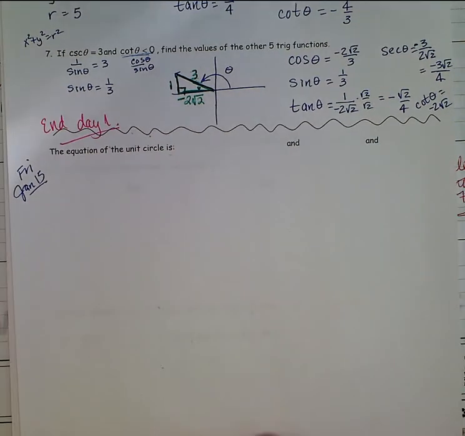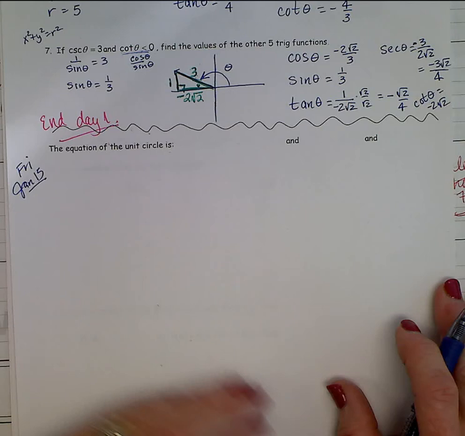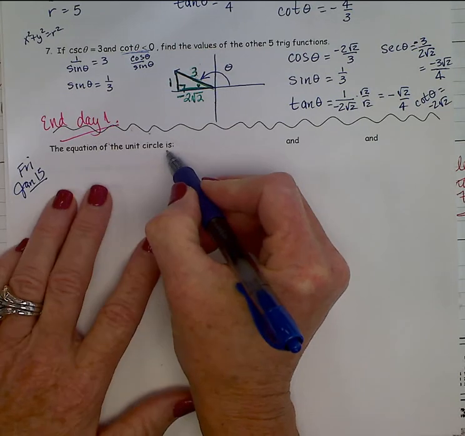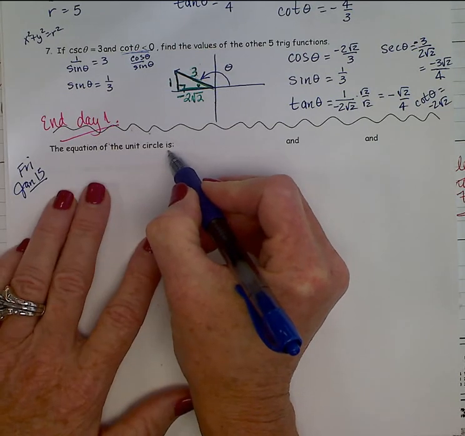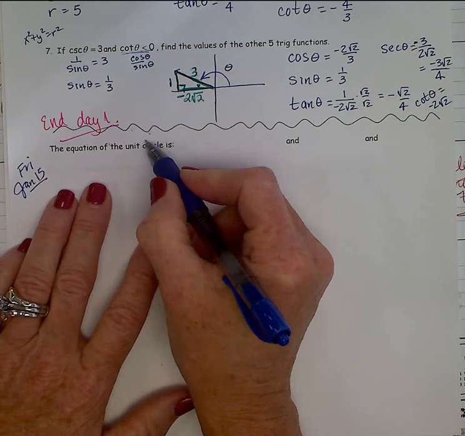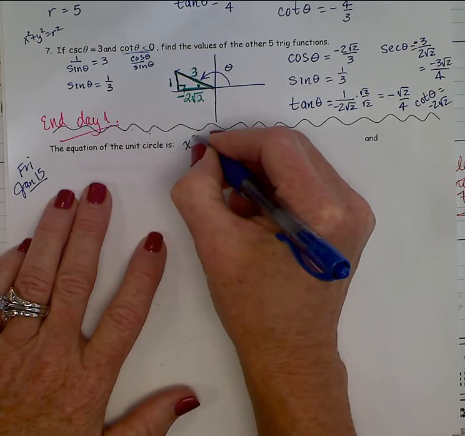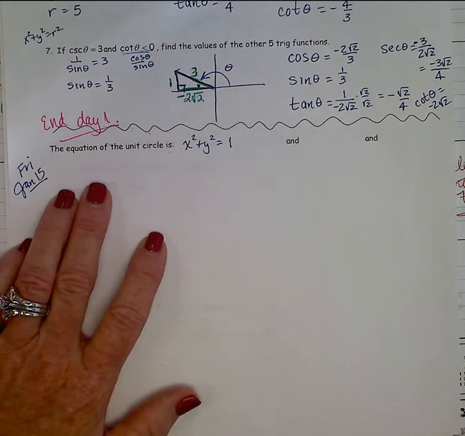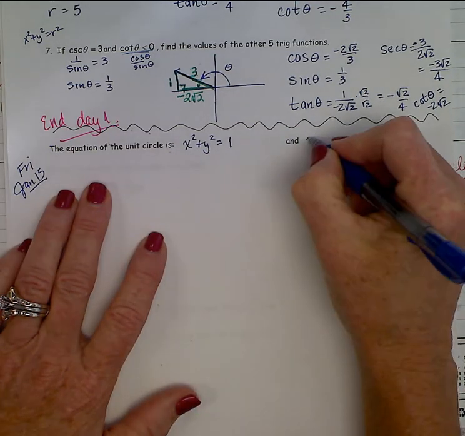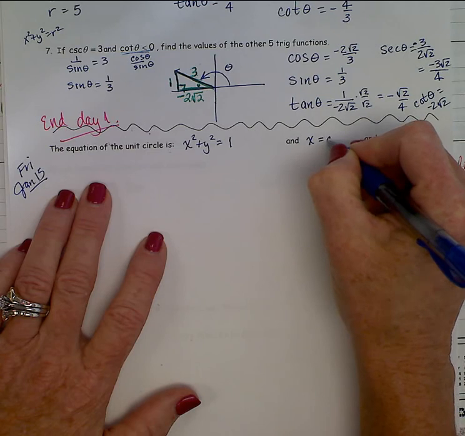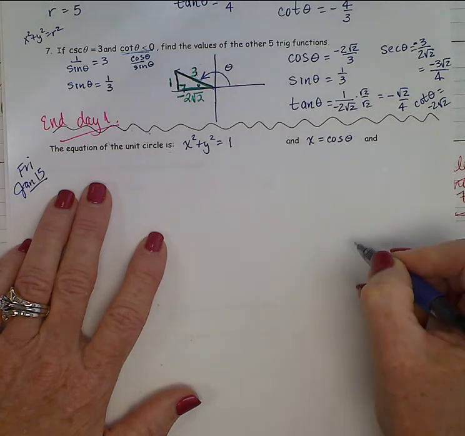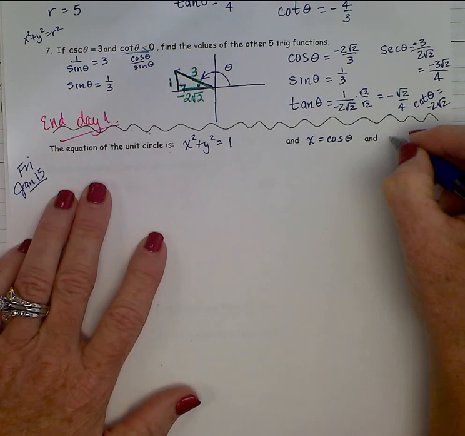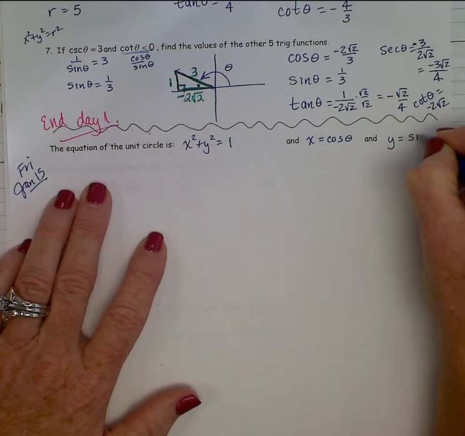All right, here we go. The equation of the unit circle. Unit circle centered at (0, 0), radius 1. So that's x squared plus y squared equals the radius squared, which is 1. And we know that x on the unit circle is equal to cosine theta, and y is equal to sine theta.